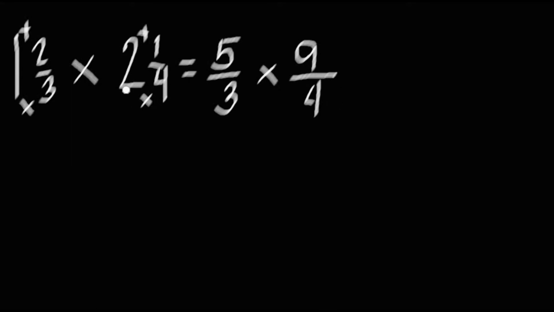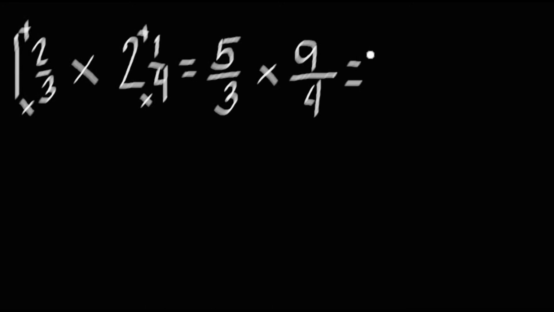We just copied the denominator of our fraction part of our mixed number. Okay? At this time, we can now multiply. So what is the product of 5/3 and 9/4?